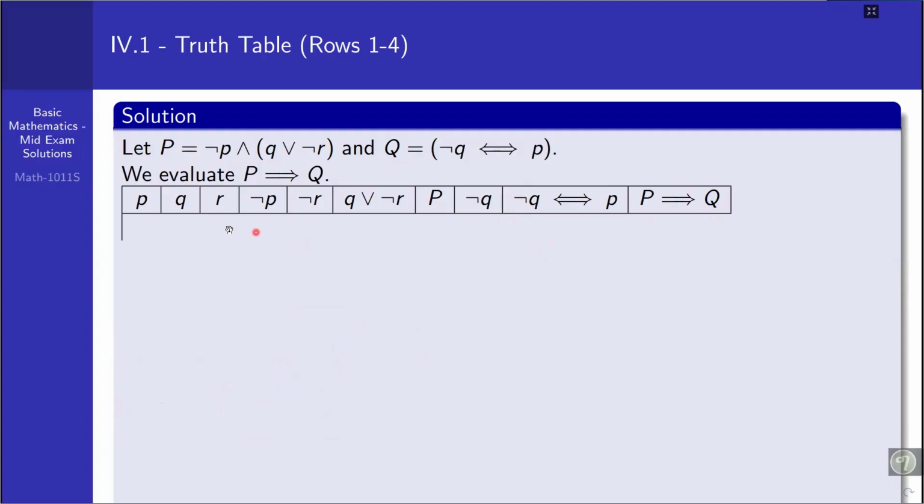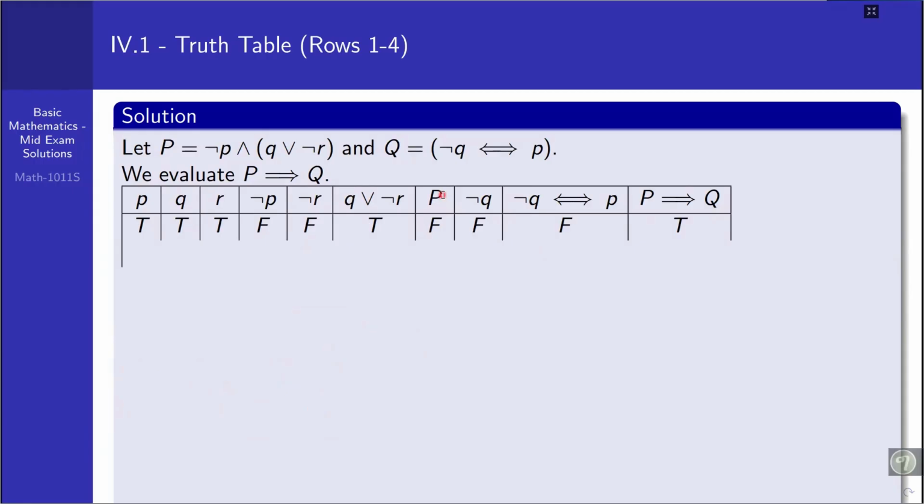Therefore, depending on the truth values of the three simple statements P, Q, and R, for example, if all three simple statements are true, negation of P is false. Q or negation of R is true because Q is true here.